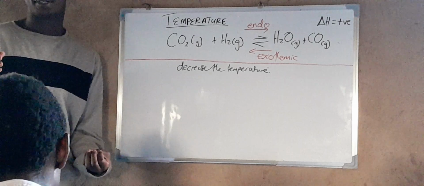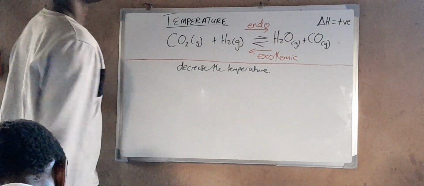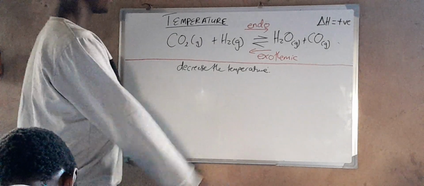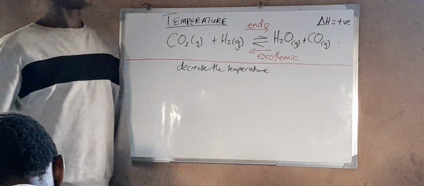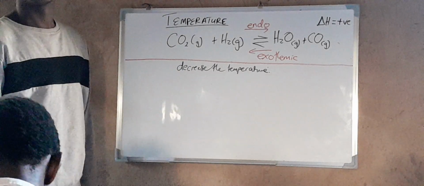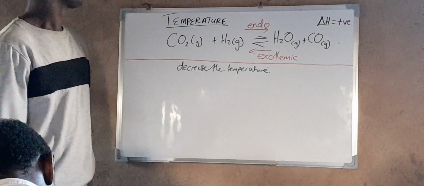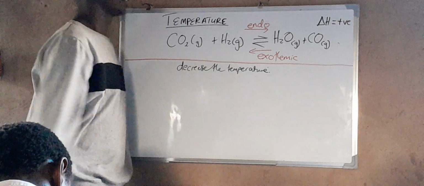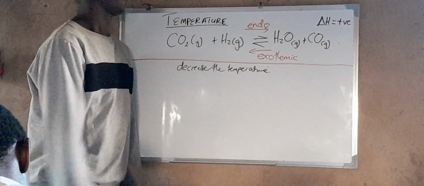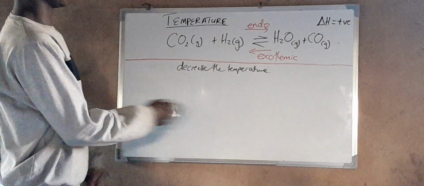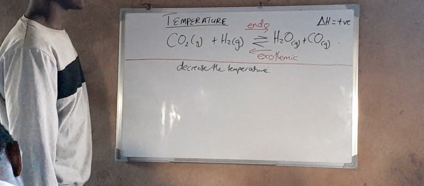So the endothermic reaction will be favored. Why? Because the exothermic reaction releases energy. And we have more products than reactants, so equilibrium shifts to that side. Something like that, right?